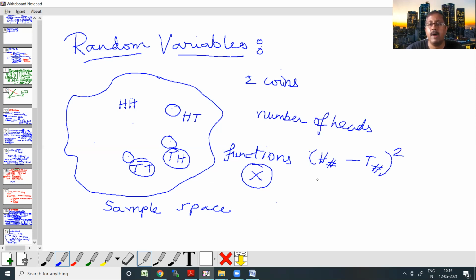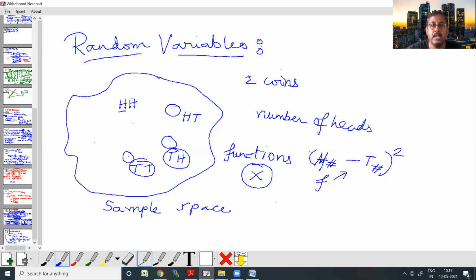We can define a function like this, the square of the number of heads minus the number of tails. That way each of these points can be converted to a specific number.